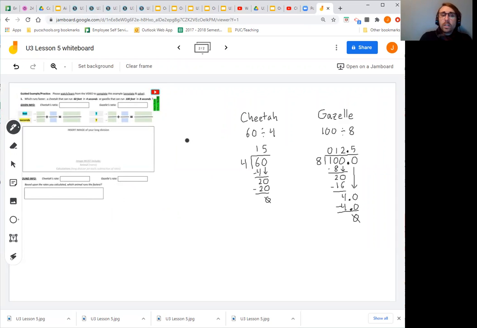And so to do that, we need to take the cheetah's number and subtract the gazelle's number. But in the gazelle's number, there's a whole number and a decimal. So I need to put the whole number underneath the whole number and the decimal underneath the empty space, which means I need to put a number on the top. 15 is the same thing as 15.0.